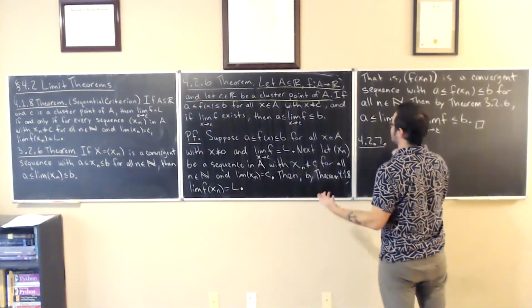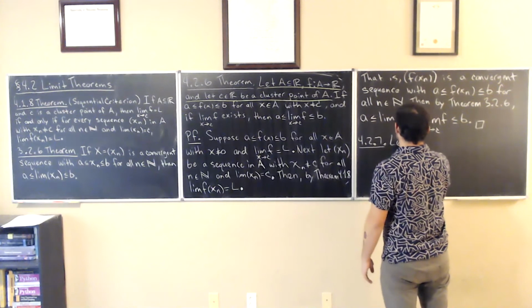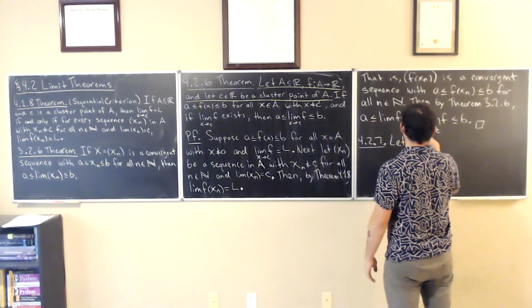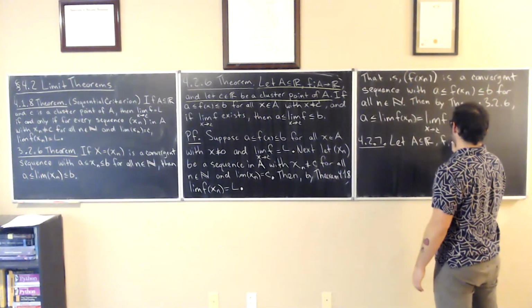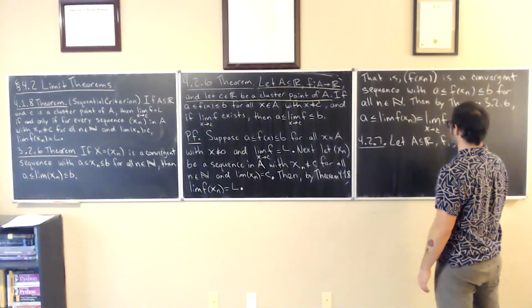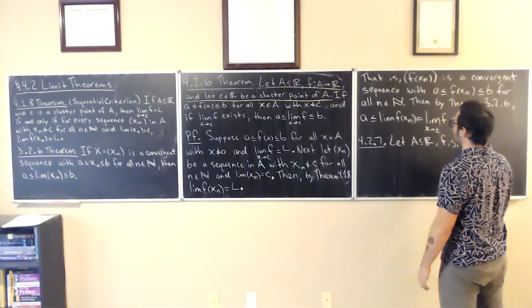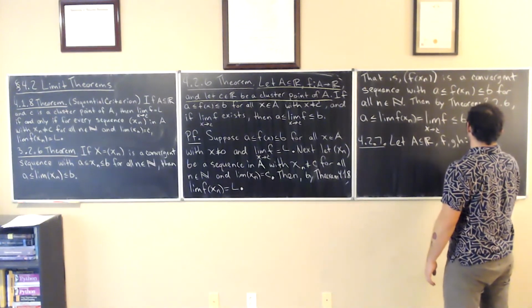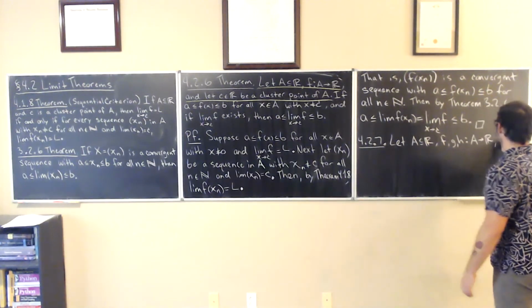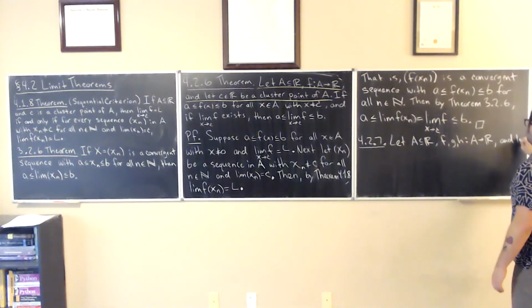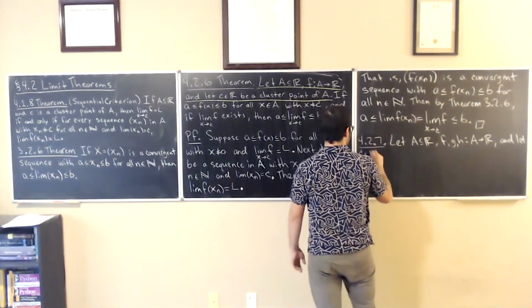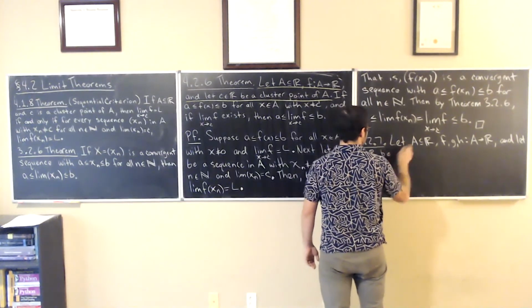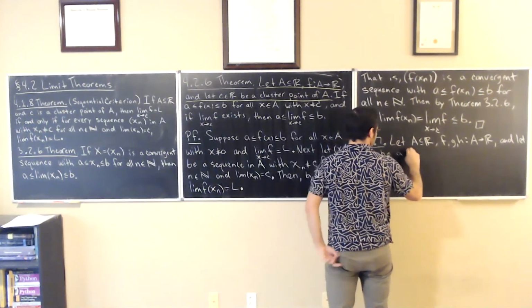I'll go ahead and write out the whole thing. So let A be a subset of R, f, g, and h map A to R, and let C be a cluster point of A.